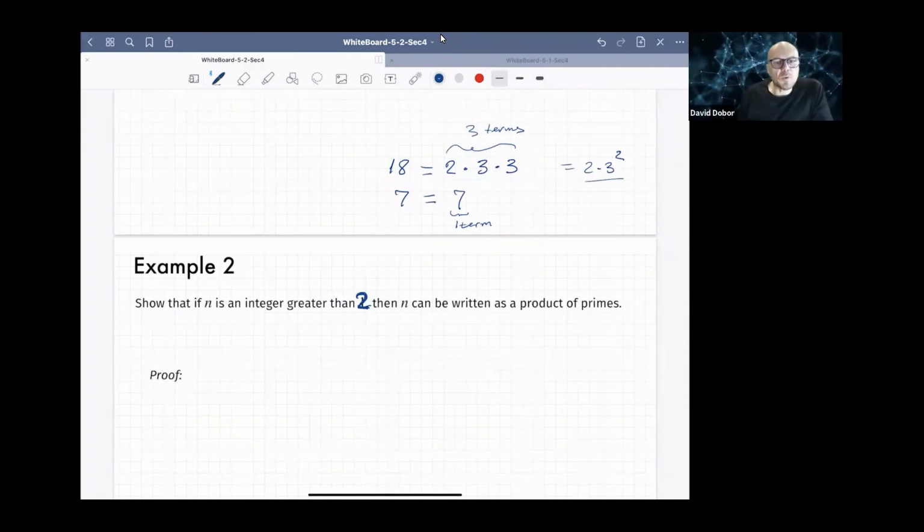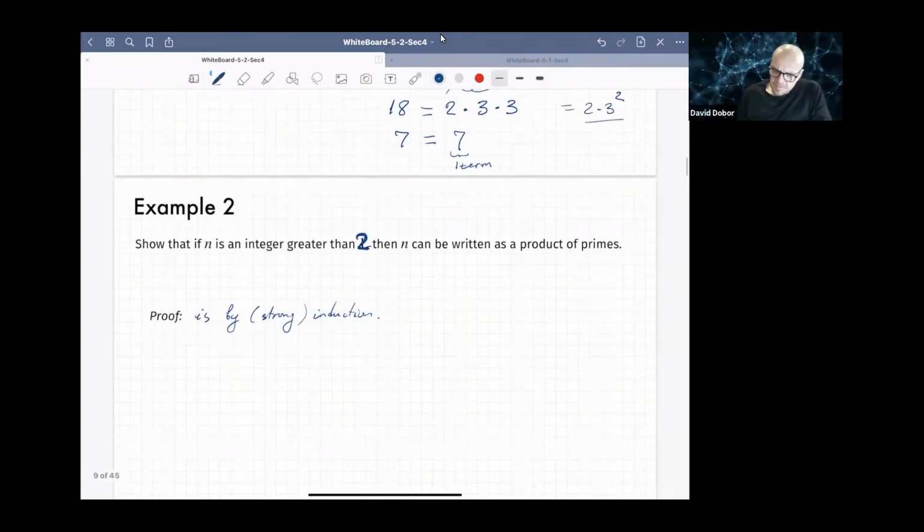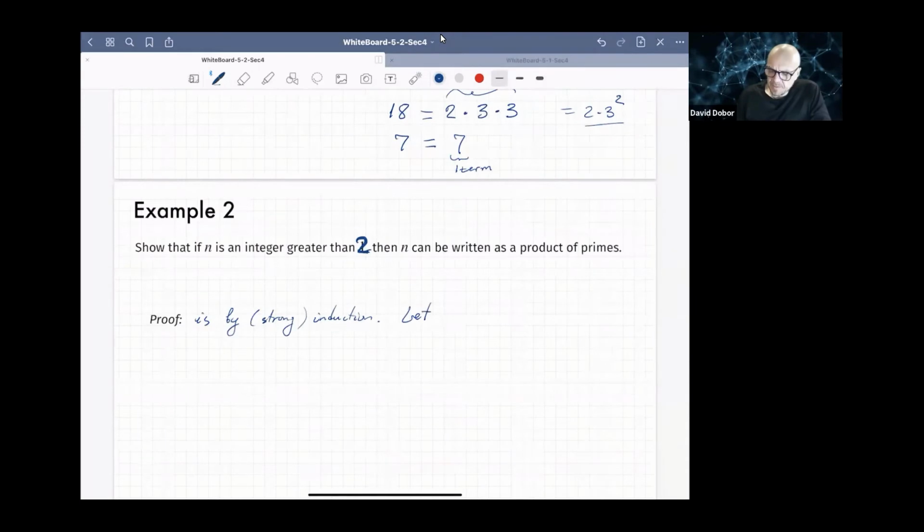All right, so the proof is by mathematical induction, strong mathematical induction in this case. Okay, help me out. It's exactly the same as before.